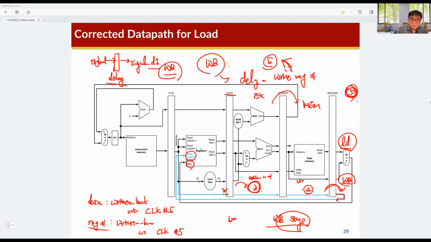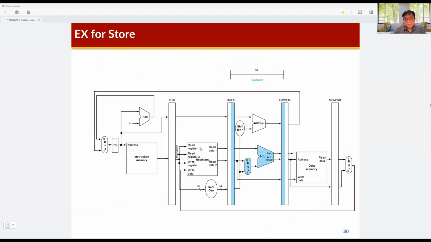We usually use this convention, a postfix like _D1, that means that the signal is delayed by 1 clock period. So in order to meet the exact timing of this write data signal and write register number, we can make these signals delayed by pipeline registers, that means the D flip-flops. So we can meet the timing of the required signal at the write back stage.